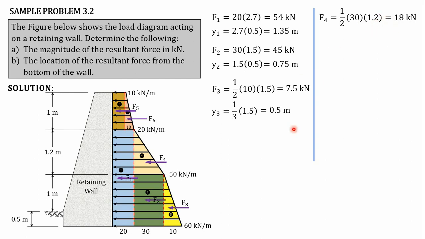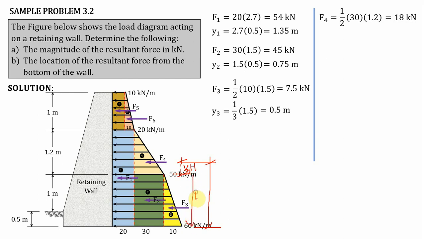And then how about what is the location of F4 from the bottom of the wall? Ito yun, class. Since 1.2 yung height, that is 1/3 of the height, plus 1.5 meter yan, class.